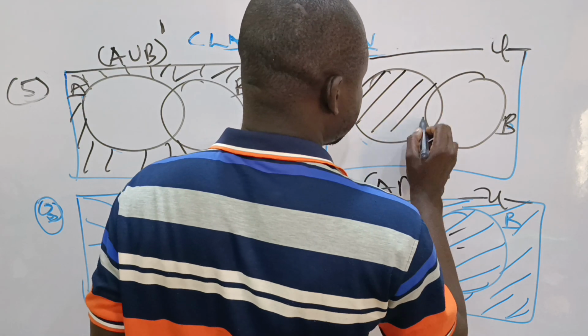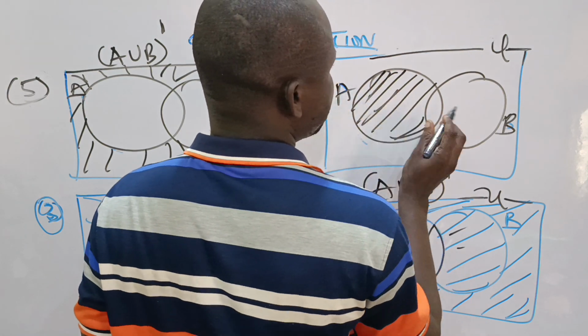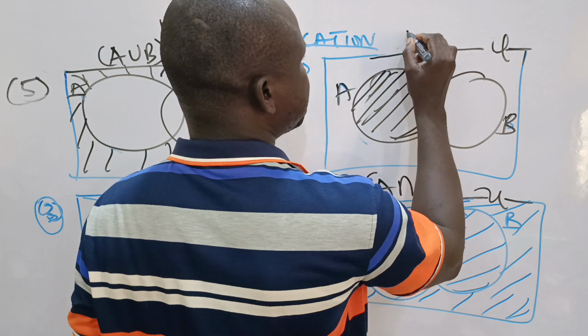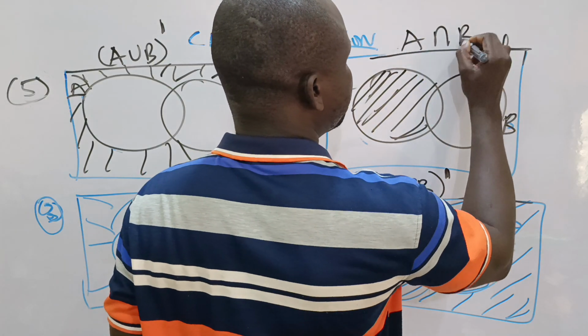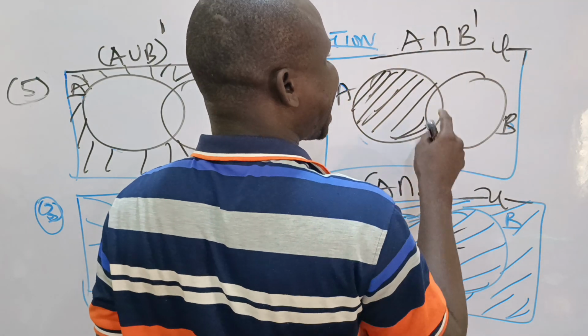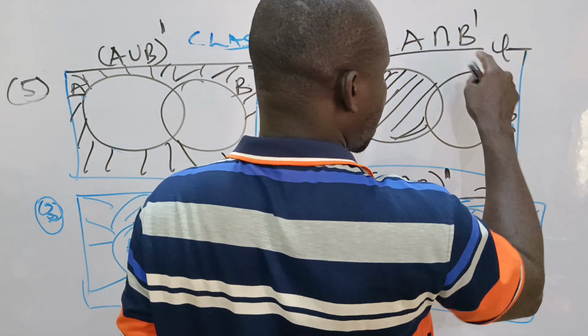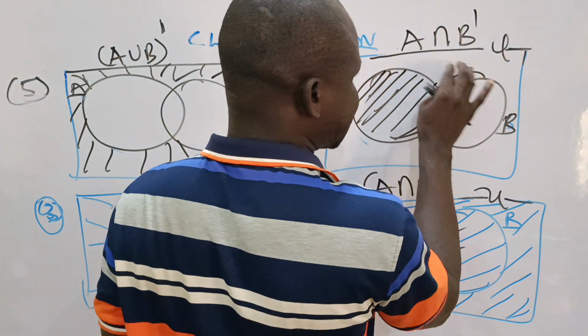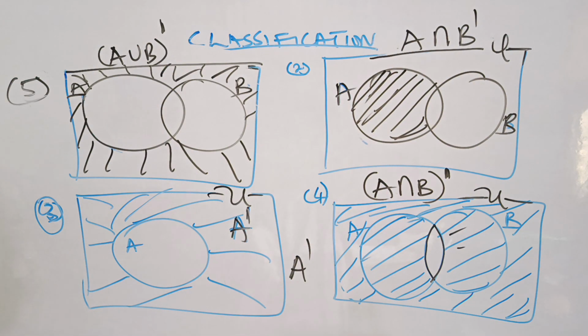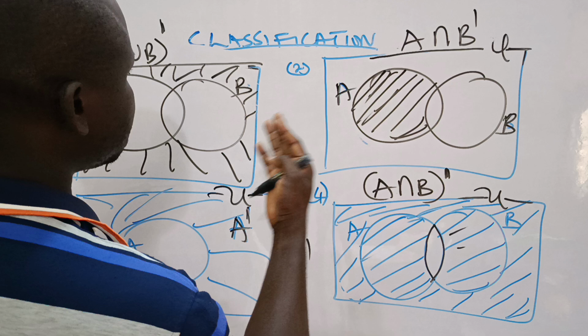If we shade this A, and all this unshaded portion simply means B complement, because B complement are the elements in the universal set that are not in B. So if you now take the intersection between A and B complement, that is what we are going to have. So we can actually do so many things on this.